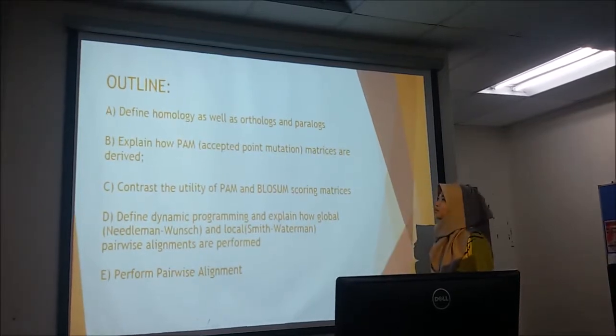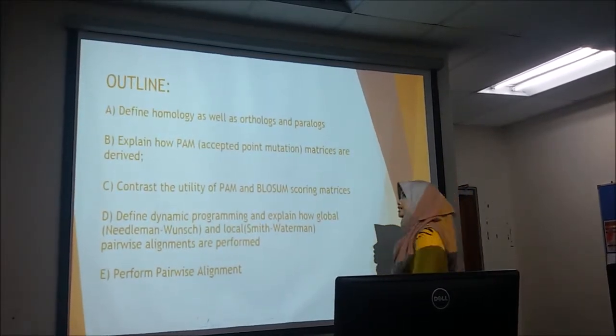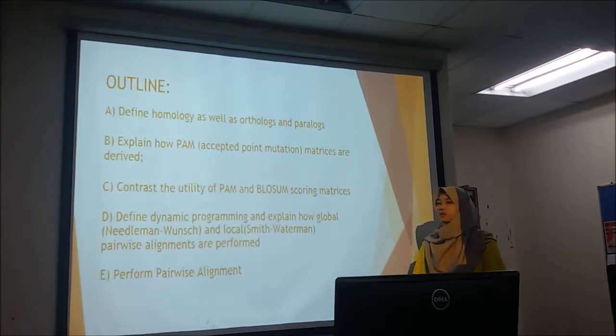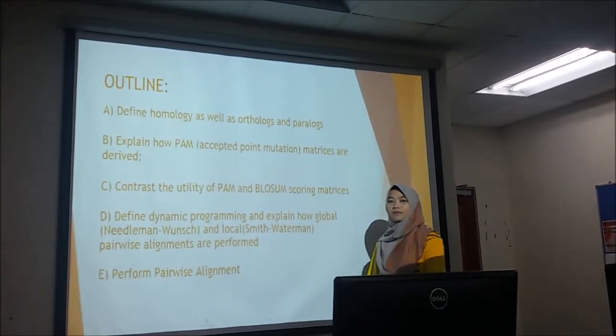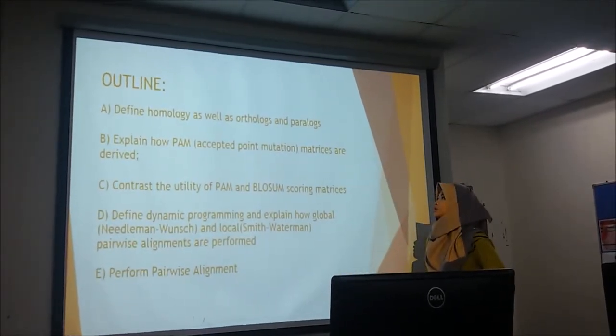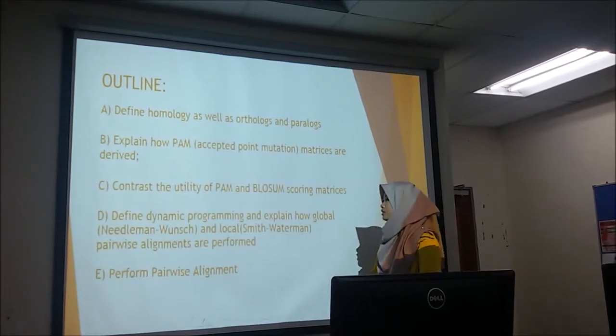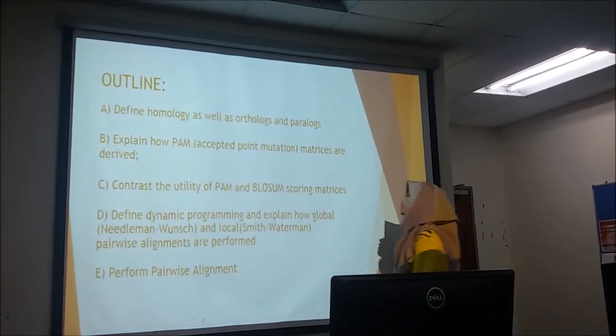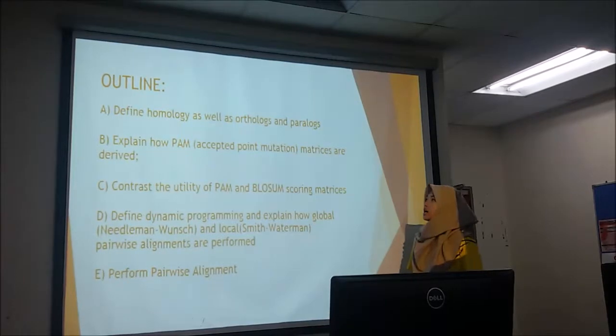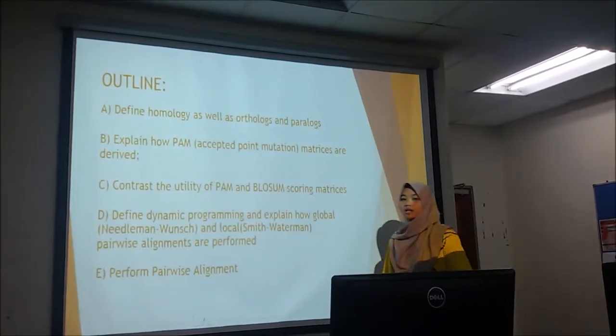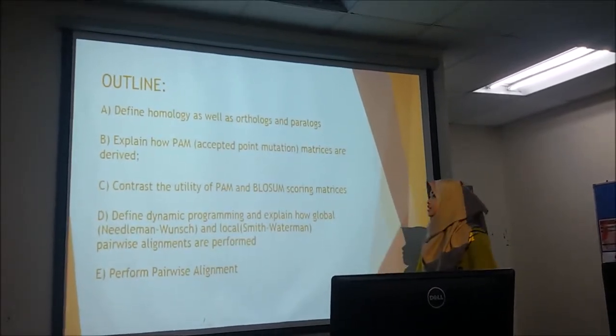Okay, so before we go into detail, we will go through our presentation outline. In this topic, we will cover 5 subtopics, which are how to define homology as well as orthologs and paralogs.